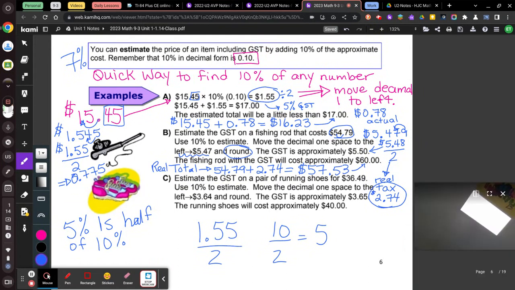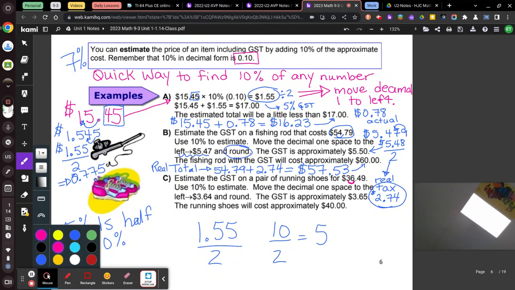All right, letter C. It says we're going to estimate for a pair of running shoes. The running shoes are $36.49. So we're using the rule where we move our decimal back. That's going to give us 3.64. What does that 9 make the 4 do?